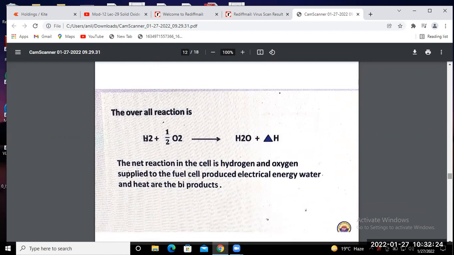That means hydrogen and oxygen make H2O, and release the hydrogen. So the overall reaction is H2 plus 1/2 O2 makes H2O.